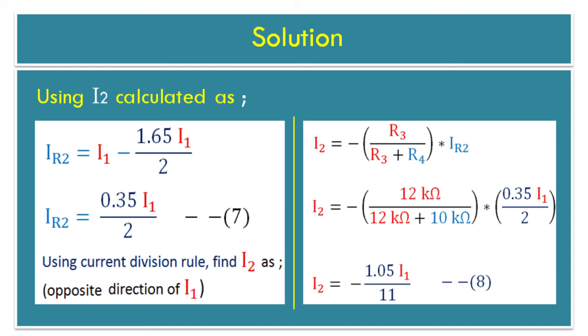Therefore current I2 is equal to minus resistance R3 divided by resistance R3 plus R4 into current IR2. Substitute values of resistance R3 is equal to 12 kilo ohm, R4 is equal to 10 kilo ohm and current IR2 is equal to 0.35 into current I1 divided by 2. After calculation, we get the value of current I2 is equal to minus 1.05 into current I1 divided by 11, which is given by equation 8.